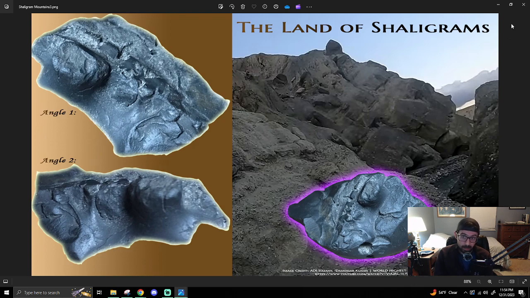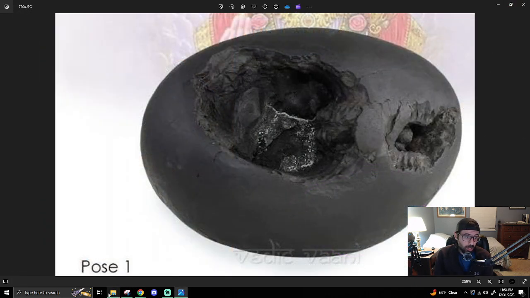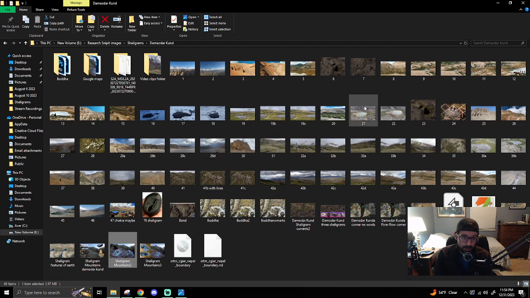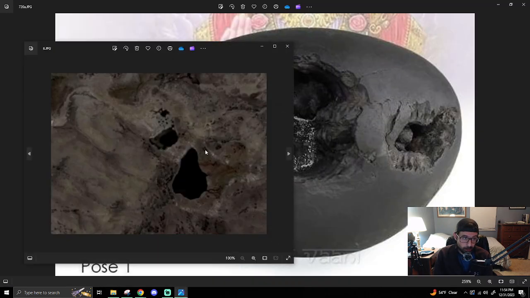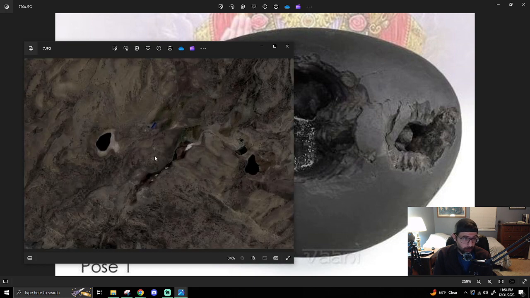The whole region, Damodar Kund, where shallograms are from in the Himalayas, is rife with shallograms. Like here's one, here's another one, here's another one. This is Damodar Kund. These lakes are shallograms.